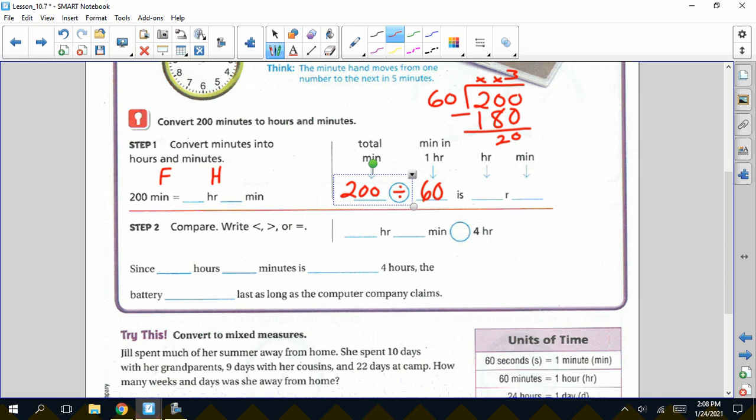I didn't use the zeros trick where we cancel zeros out, because I do want a remainder on this to be the actual remainder, because we need to know how many minutes are going to be left over. So for this, we get 3 remainder 20, which means 200 minutes are 3 hours and 20 minutes.